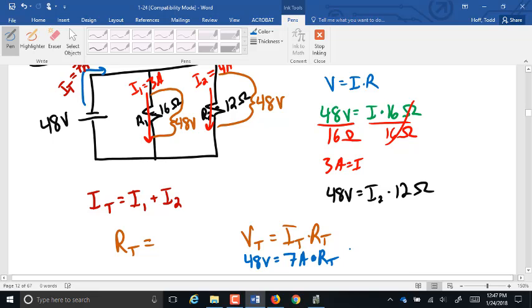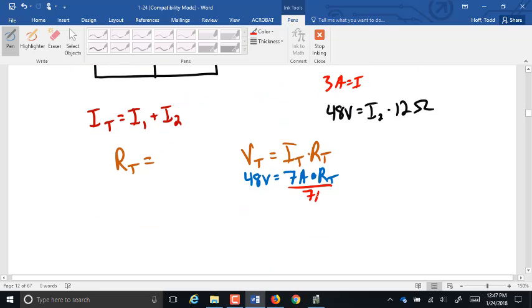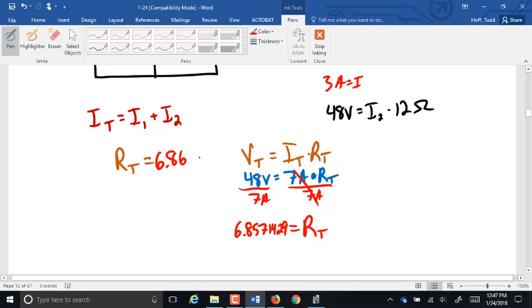So to find my total resistance, I am going to divide by 7, right? 48 divided by 7 is approximately 6.8571429 ohms. How about we go 6.86 ohms?